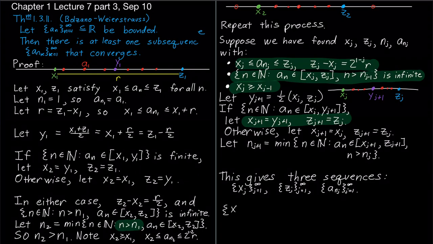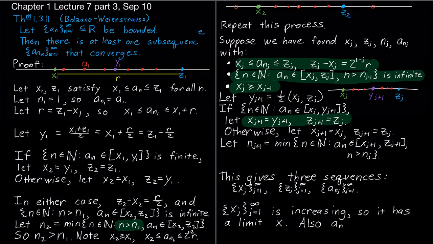So the sequence of xj's is increasing, not strictly increasing, but definitely increasing. So it has a limit x, and also a_nj minus xj is converging to 0.